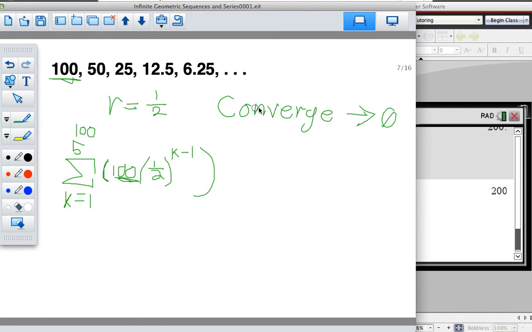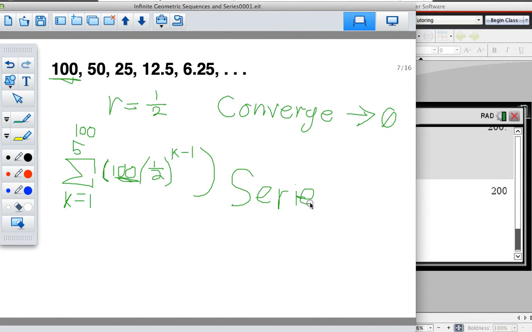So the terms in the sequence are getting closer and closer to 0, but the series gets closer and closer to 200. S-E-R-I-E-S.